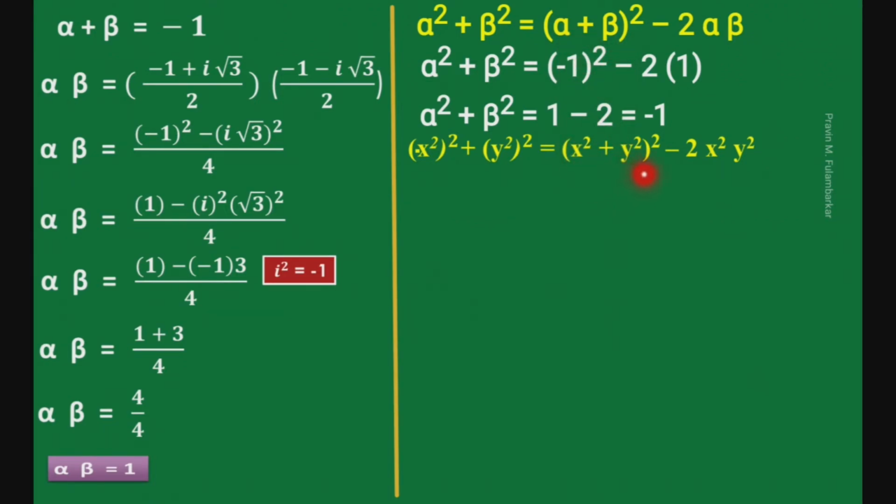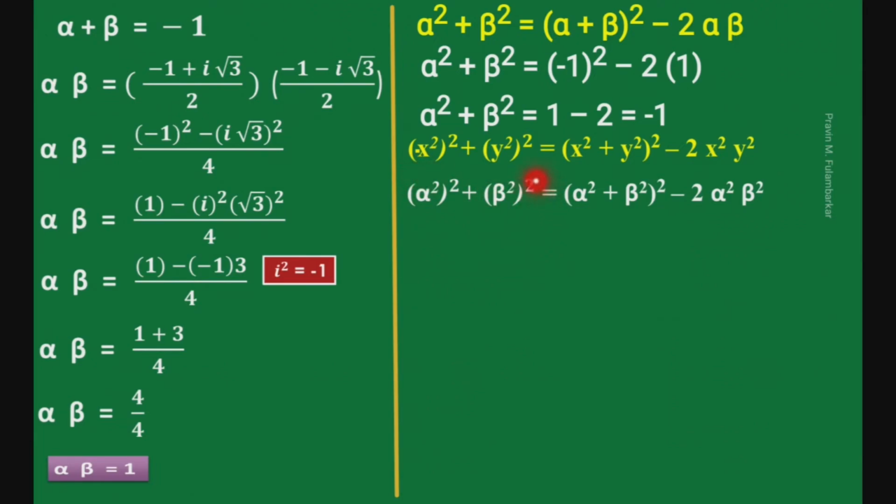So we write (x square plus y square) bracket square minus twice x square y square. Now we require this value in the form of alpha. So we write this x as alpha. So alpha square its square plus beta square its square equals (alpha square plus beta square) bracket square minus twice alpha square beta square.